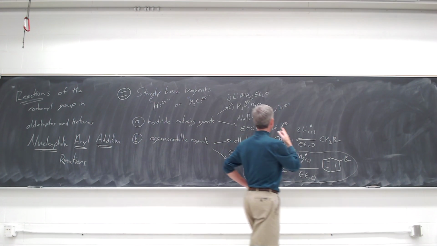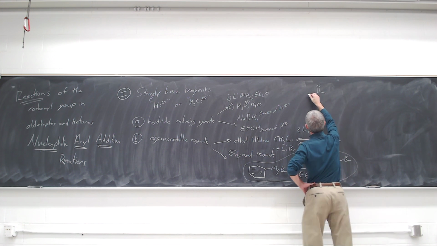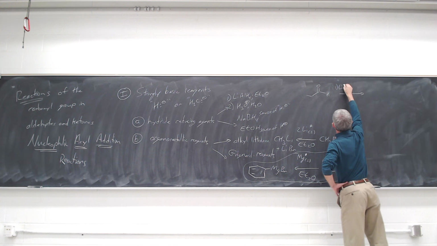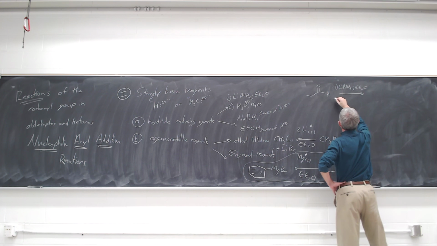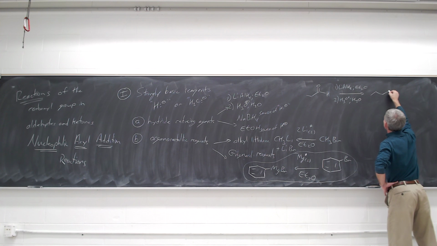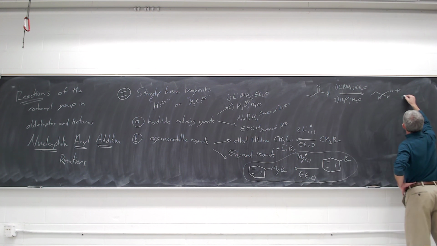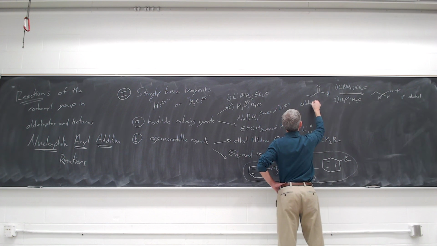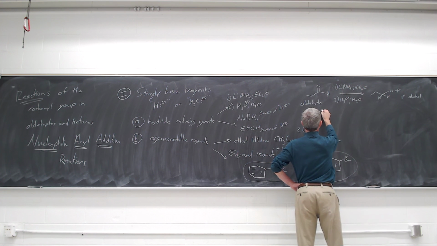So, with the hydride reducing agents, for example, we can convert aldehydes into primary alcohols. Or we can convert ketones into secondary alcohols.